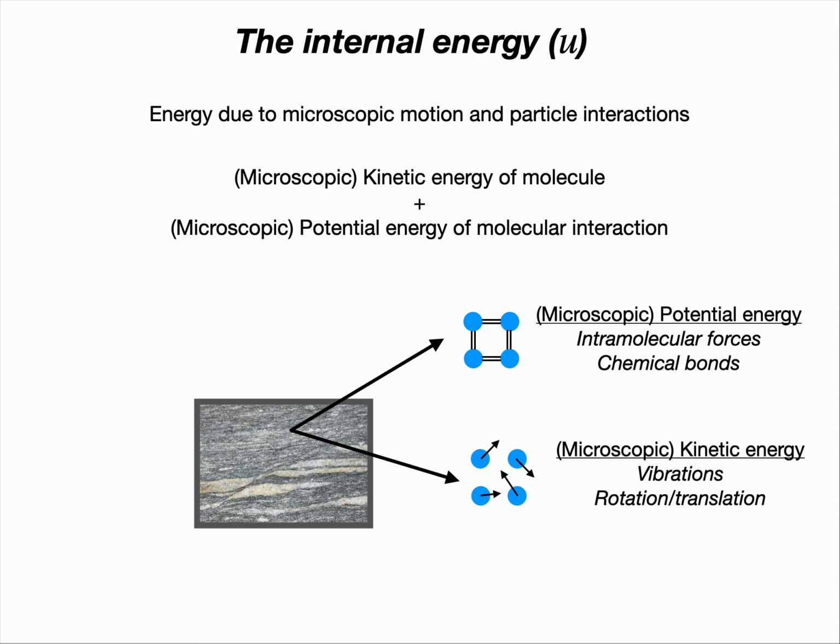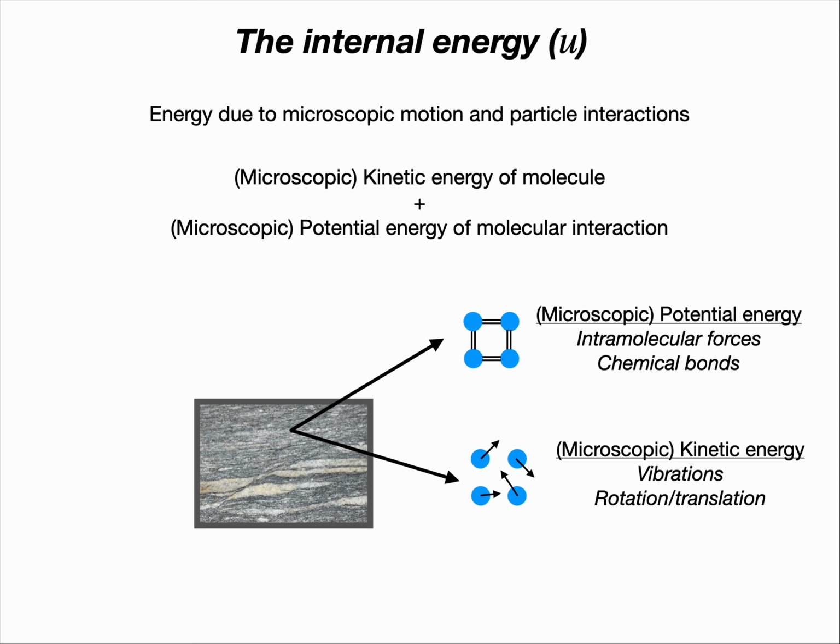Let's now define the internal energy. Internal energy is the energy which is due to the microscopic motion and particle interactions inside the material. So you have kinetic energy of molecules, that's a microscopic kinetic energy. And you have a potential energy linked to intermolecular interactions.